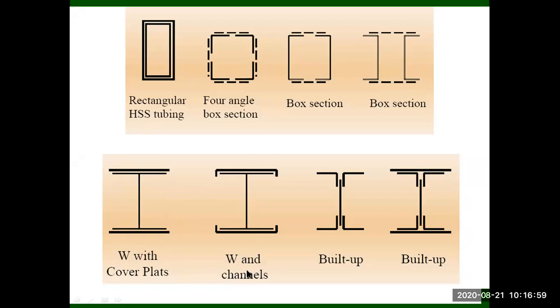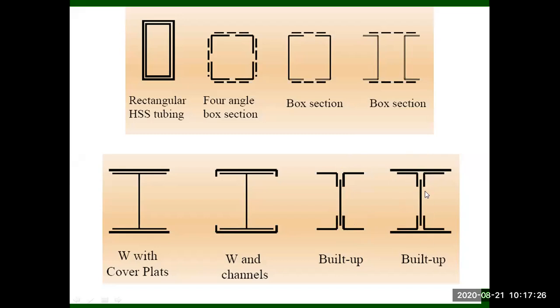Again, W and channel: an I section with a channel we can use as a compression member. Again here are four built-up angle sections, meaning four angle sections connected with one middle plate, and the four angle sections are connected back to back at each end of the plate.